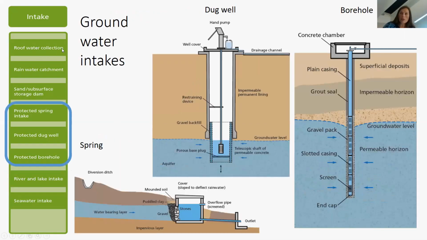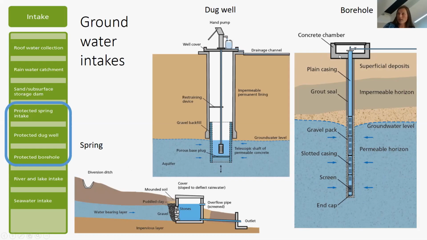For the groundwater intakes, the compendium basically discusses two major types of technologies: dug wells, the different types of dug wells available, or boreholes, as well as spring or protected spring intakes. For any kind of well, we have to consider that there should be some kind of concrete seal to protect from contaminants.